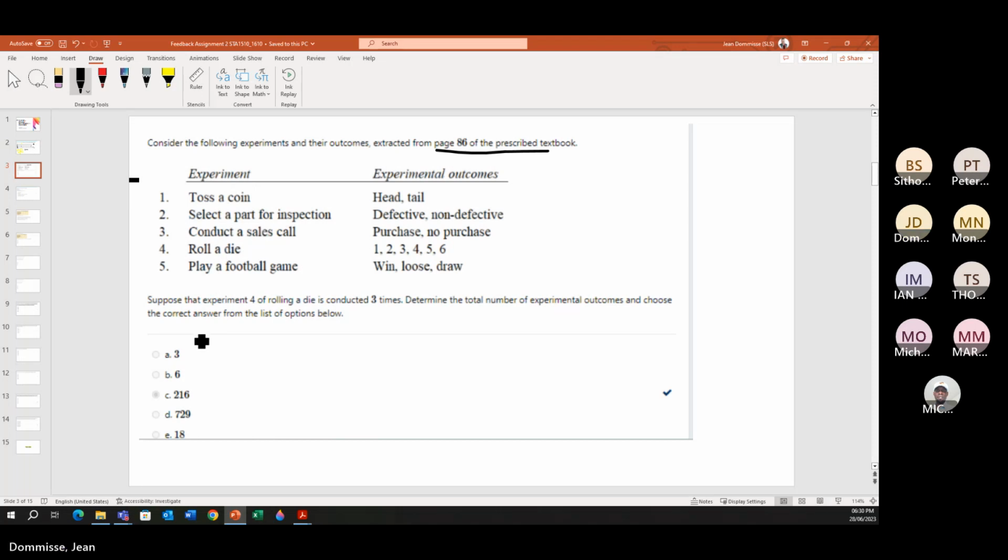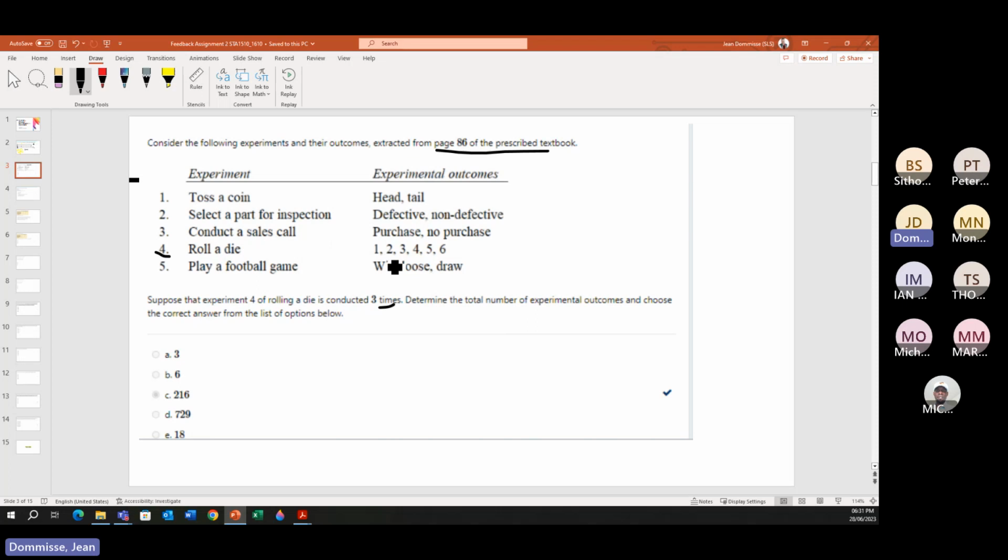So suppose that experiment 4 of rolling a dice is conducted 3 times. Determine the total number of experimental outcomes and choose the correct answer from a list of options below.